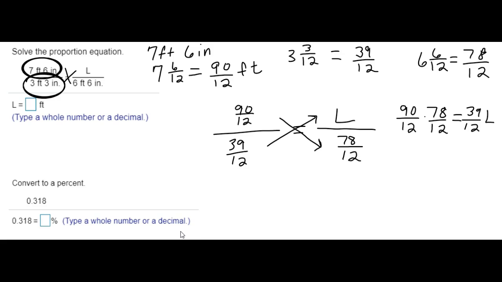So what I'm going to do is simplify the left side. We'll see if this turns out nice. In my calculator, I'm going to put in 90 divided by 12 in parentheses, and then multiply 78 divided by 12. If I wasn't using my calculator, I would just multiply straight across.